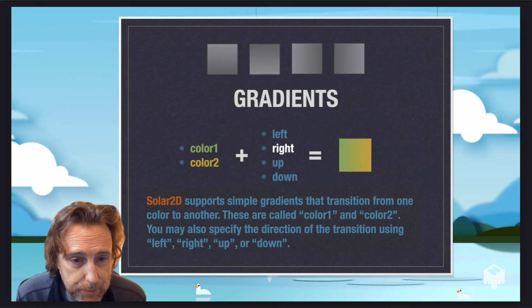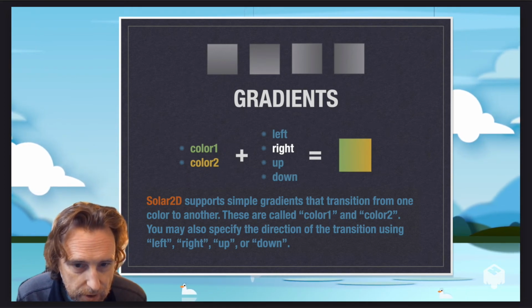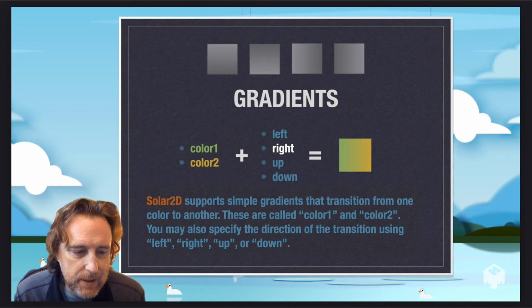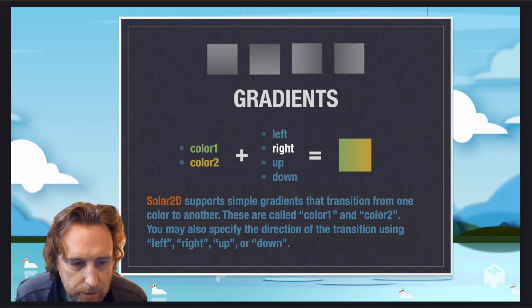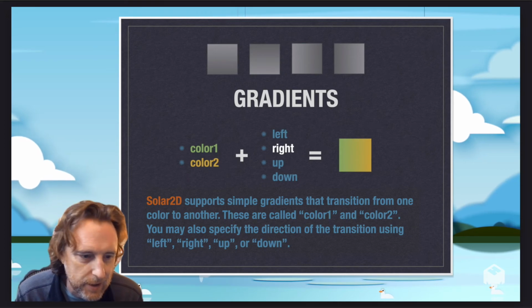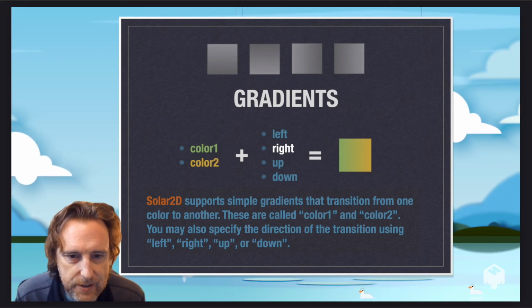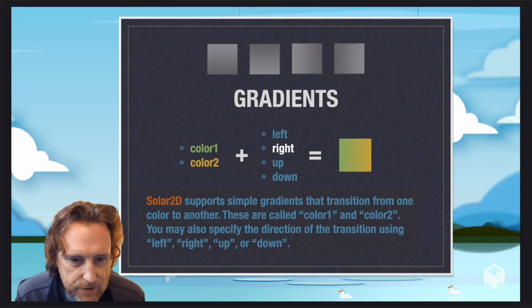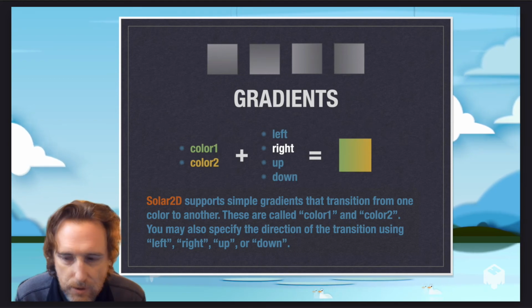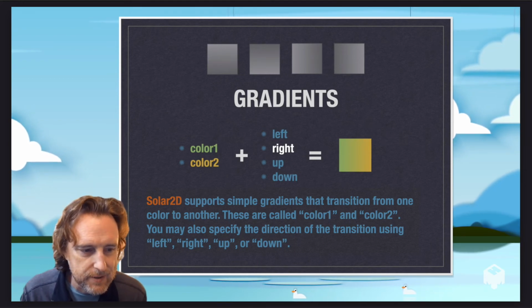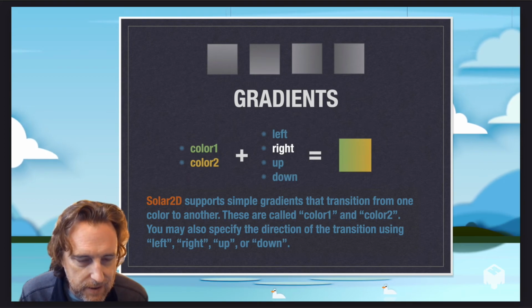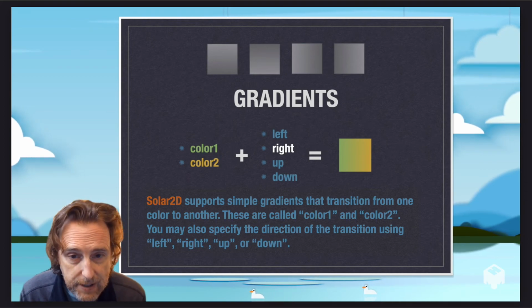Solar 2D calls them color 1 and color 2, which, I mean, you might think, well, why doesn't it call them color top and color bottom, or color left and color right? Well, it's because you can switch the directions 4 different ways. So giving them a more descriptive name doesn't really do anything. It's just the first color and the second color.